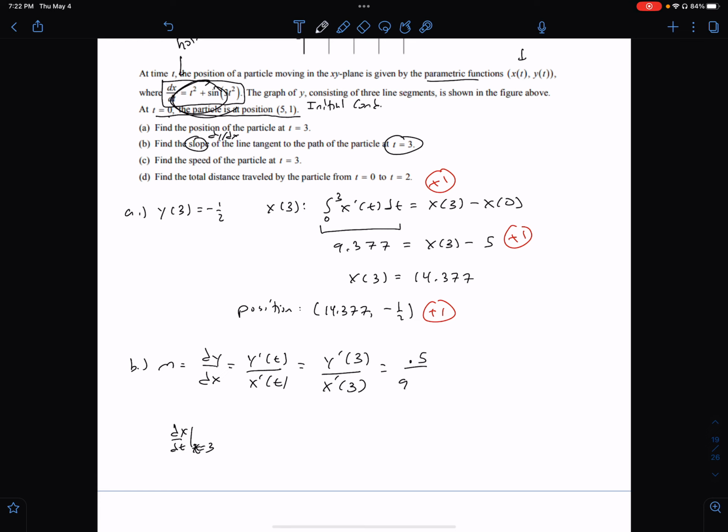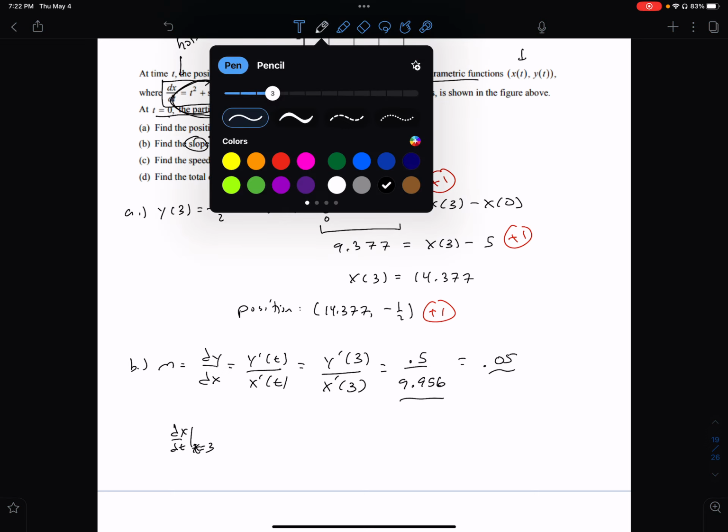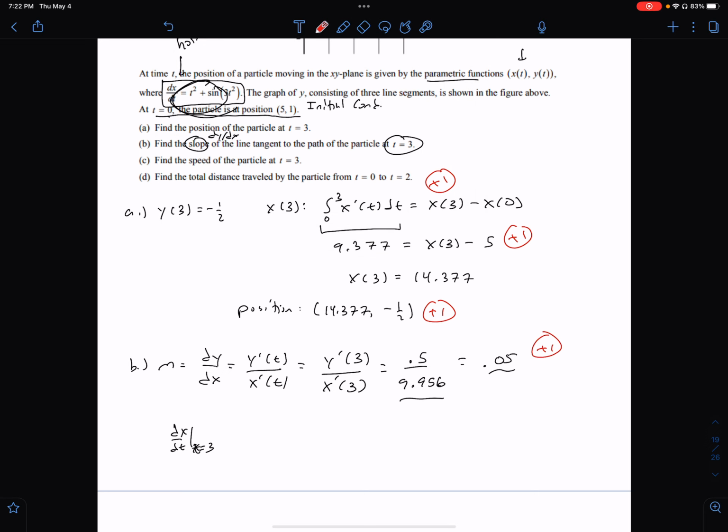And that is 9.956. And we're just going to leave it. Although if you're like, I got to simplify it, we would get roughly 0.05, something like that, right there. All right, so that's not worth much because it's just plug and chug into the calculator, +1.